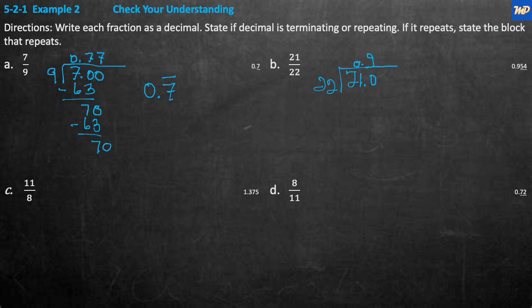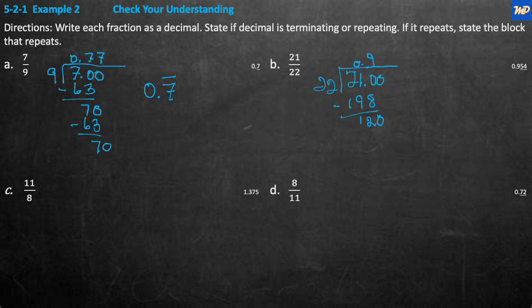9 times 22: 9 times 2 is 18, and so 198. So 210 minus 198 is how much? 12. So does 22 go into 12? No. I'm going to add a 0 and bring down a 0.